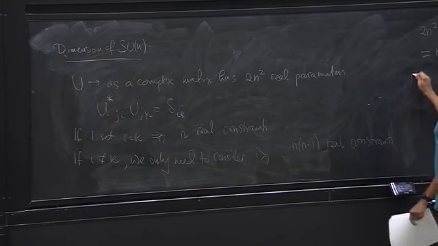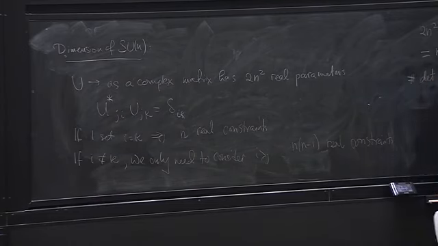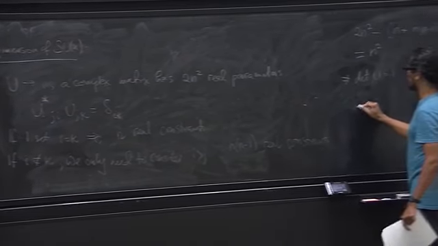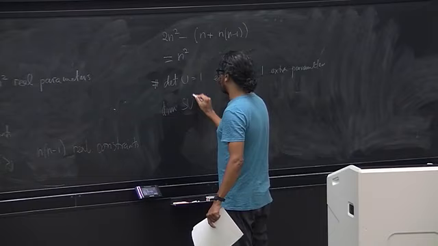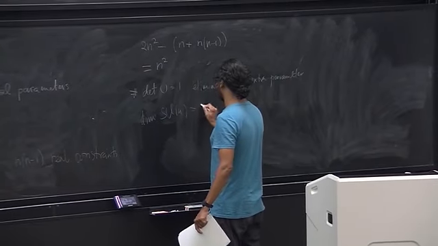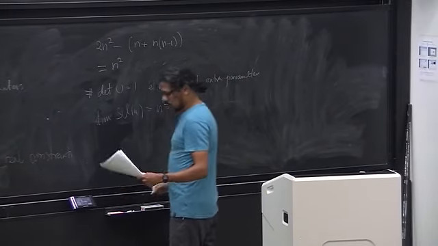So the additional condition, determinant of U equals 1, is one real equation, you can verify, and it eliminates the one extra parameter. So we find that the dimension of SUN is n squared minus 1.